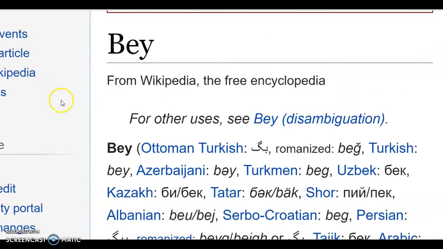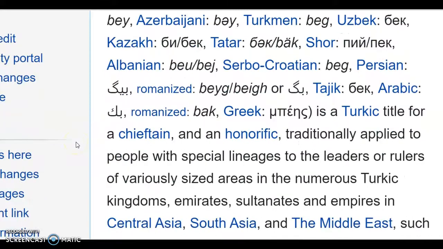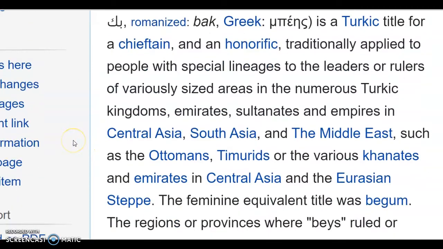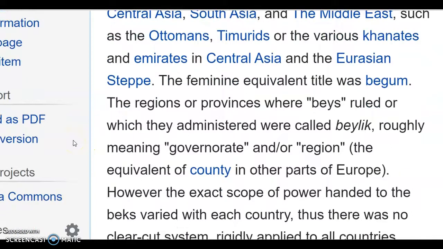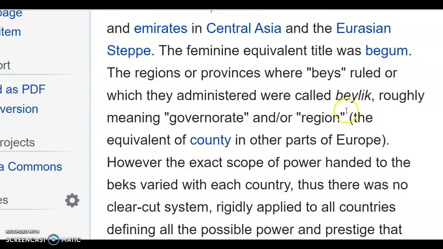Bit more code in it here. The Bayeux in the Ottoman Turkish, see, it looks like a 6. So it's 1066. This looks like a 6, a hex, see. So lots of hex involved in it. The chieftain, of course, because it's to do with the kings and all that. The Bayeux ruled. Gaelic.